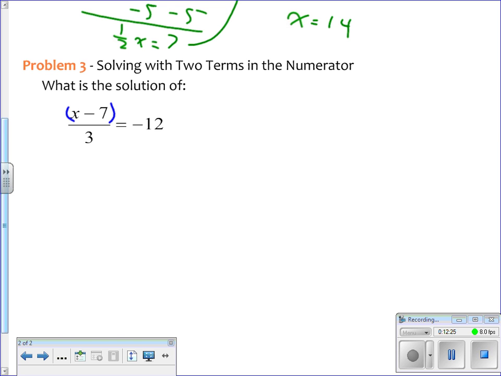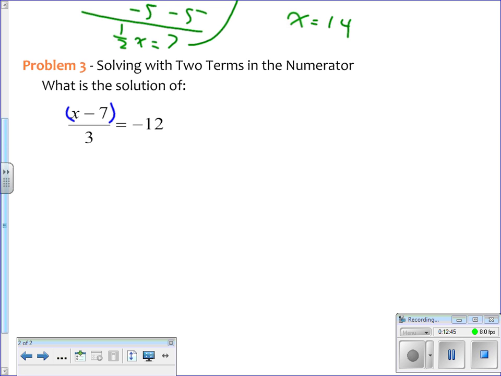Now, I said earlier, when you're solving a problem, you use reverse order of operations, right? That's why we did addition and subtraction before we did multiplication and division. If I have parentheses, that's the first thing I do when I work, but when I solve, it's the last thing I do.